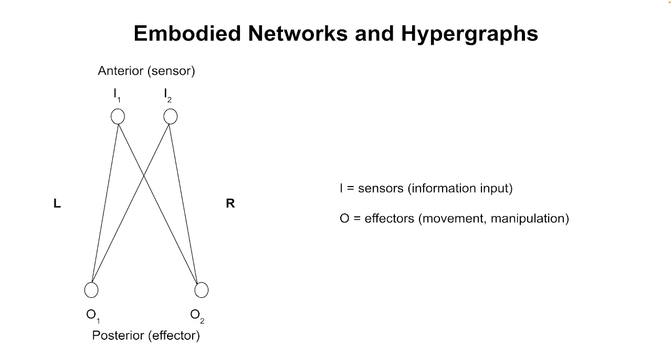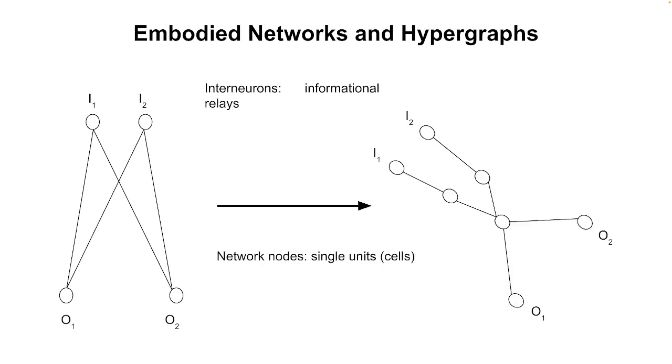We can embody these like we did with the connectome in the previous cases, and we can also have signals that pass from the input to the output. Now, this is a very simple example of an embodied network, but we want to move towards a little bit more complex model of this. So we can actually introduce interneurons, which are processing units in between the input and output.